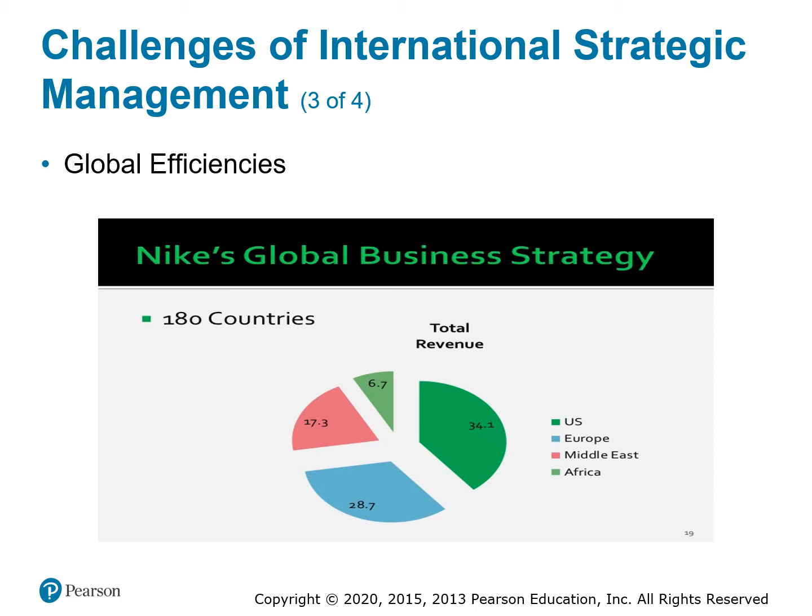Nike is a good example of a firm's global efficiency. In order for Nike to adapt to the international market, the organization maintained continuous international expansion. As shown in this picture, Nike has business opportunities in 180 countries.